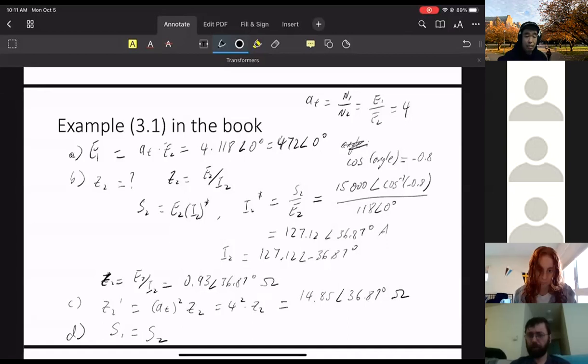This is the cosine, and so this should be minus 0.8, I think. I'll check in the book and clarify.